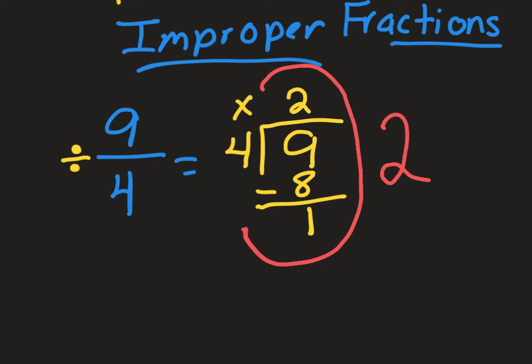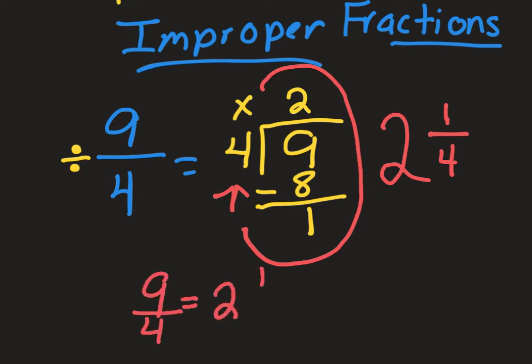That's what's left over, 1. And it's 1 out of 4 because I started with a 4. So 9/4 actually equals 2 1/4 as a mixed number. Okay, so when you have an improper fraction, the way you simplify it is you convert it from an improper fraction to a mixed number.